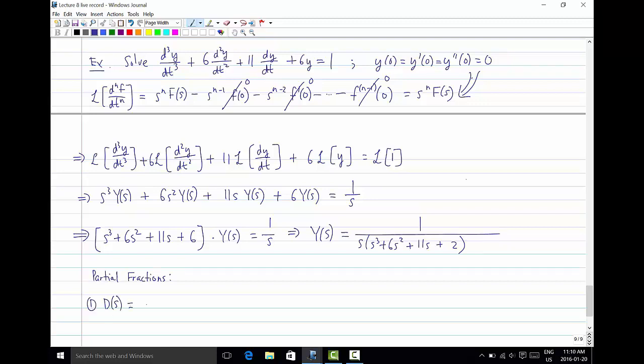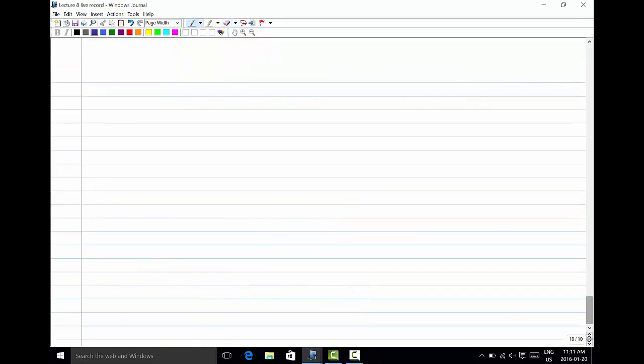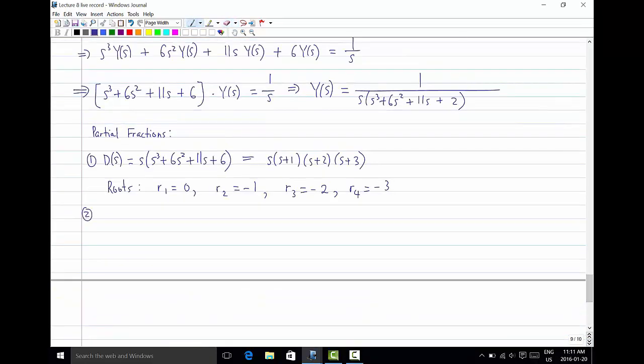First, we rewrite the denominator polynomial in terms of a product of its roots. The roots in this case are 0, -1, -2, and -3. In the second step, we rewrite the fraction y of s as a sum of easily invertible Laplace functions.